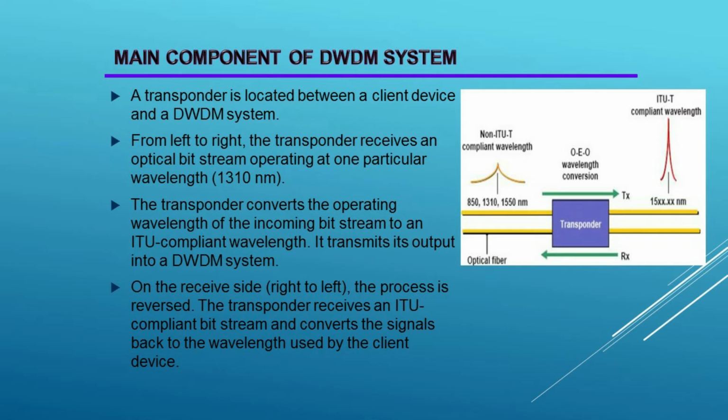The transponder converts the operating wavelength of the incoming bit stream to an ITU-compliant wavelength. It transmits its output into a DWDM system. On the receive side, right to left, the process is reversed. The transponder receives an ITU-compliant bit stream and converts the signals back to the wavelength used by the client device.